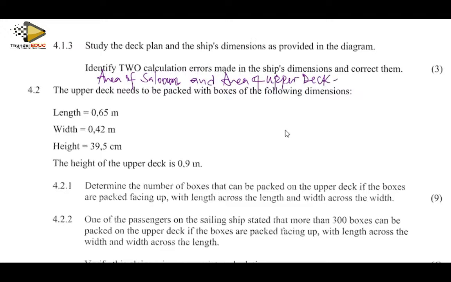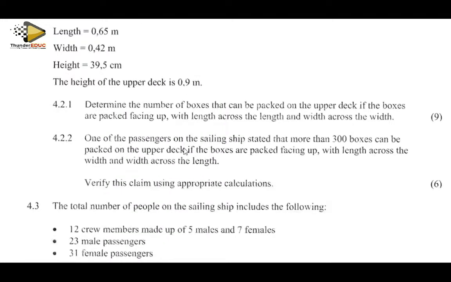All right, the upper deck needs to be packed with boxes of the following dimensions. Determine the number of boxes on the upper deck if the boxes are packed facing up with length across length and width across width.